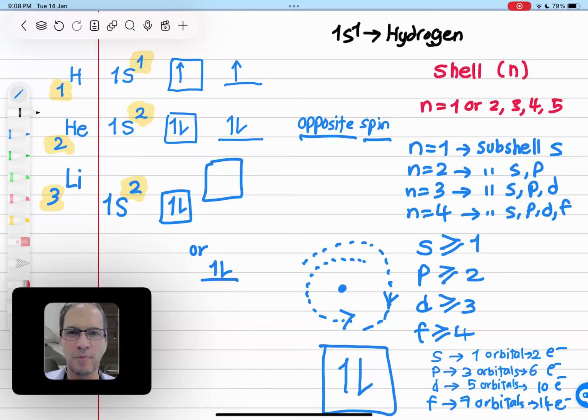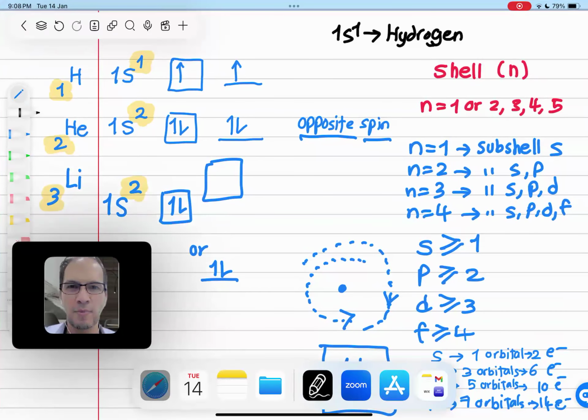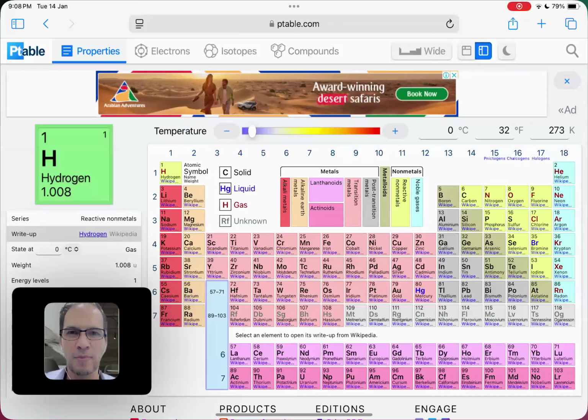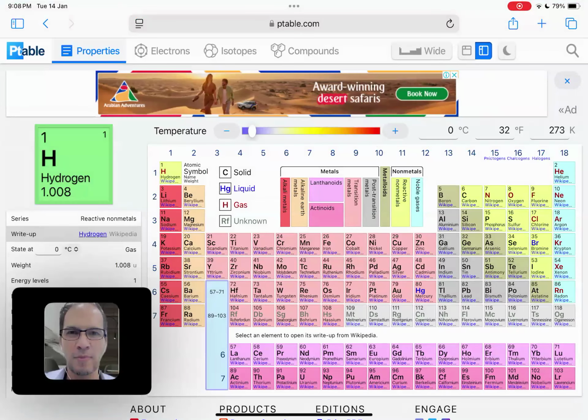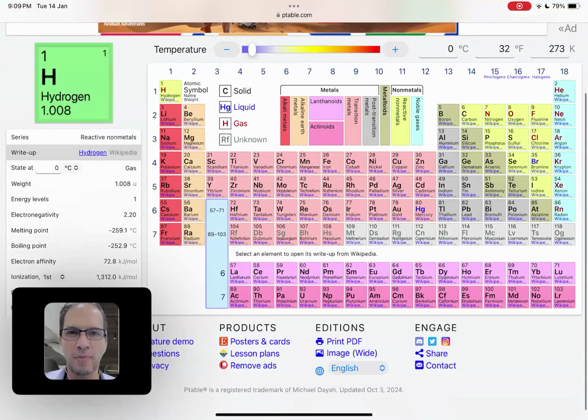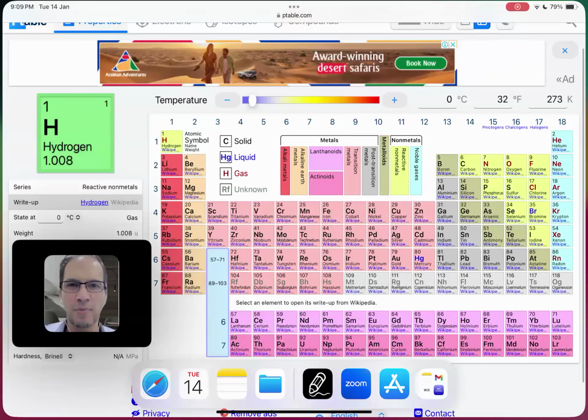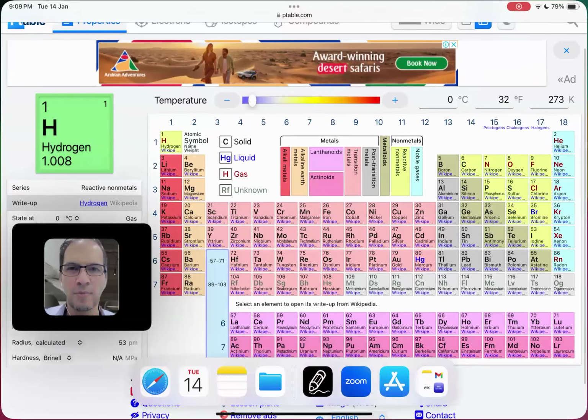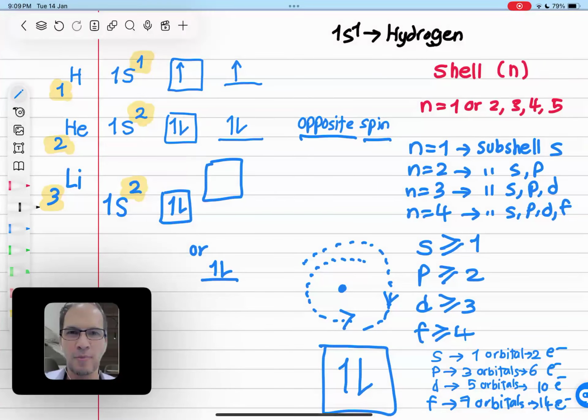Why? Because after that, every element that you see contains at least 2 electrons or more. Hydrogen is the only one that contains 1 electron, right? All the other elements contain either 2 electrons or more, so you cannot say 1s1. You have to always say 1s2 in them. Again, the only element in the periodic table with configuration 1s1 is hydrogen.